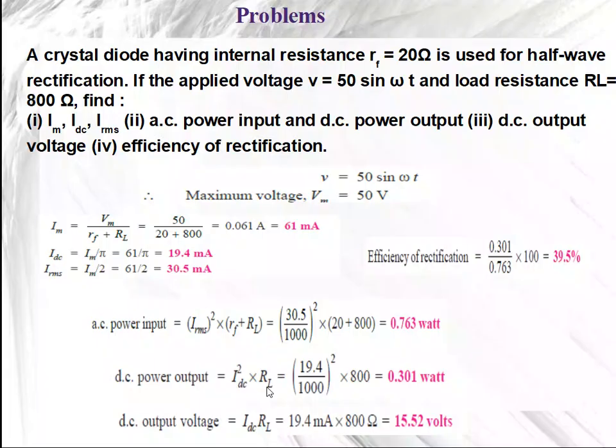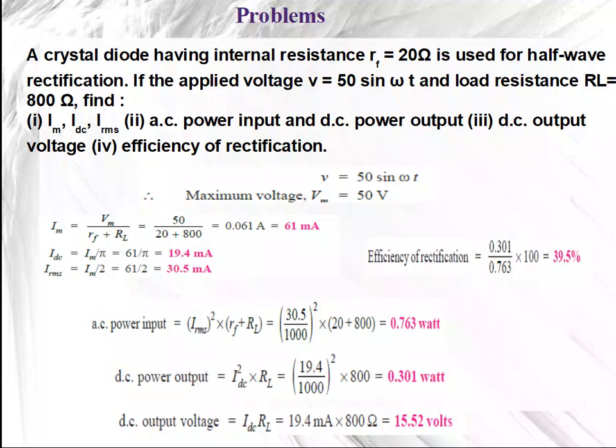When we calculate the DC power output, we just take the potential drop across RL. Based on this, the value will come like this, 0.301. Similarly for the DC output voltage, there also we are using the potential drop across RL, so that is 15.52 volt.